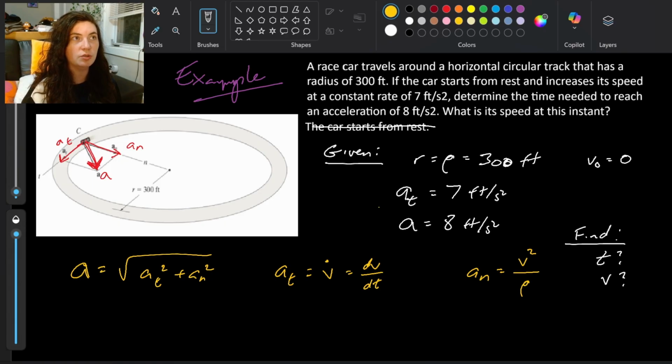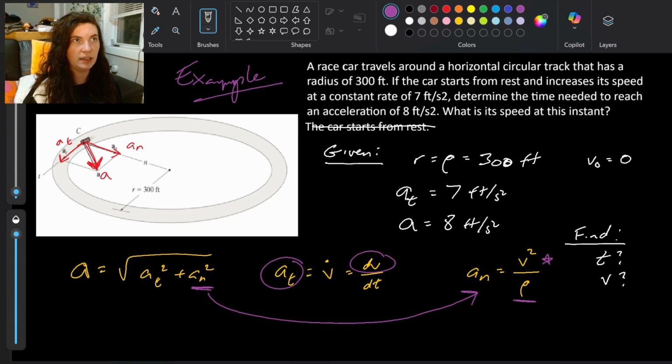So if I find out what this normal acceleration is, I can plug it in here. We know the radius of curvature, so I can find that velocity. That's one of the things I'm going to look for. And I'm also looking for time, so when I have a velocity and the at, I have a relationship with time.